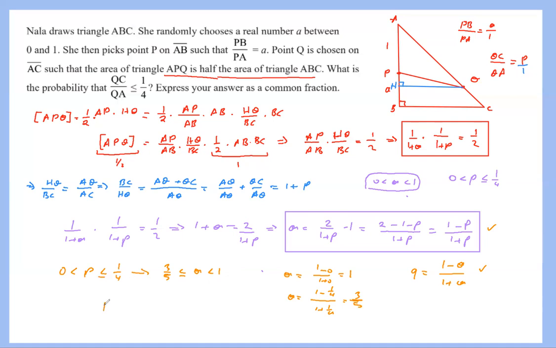And now the last step is the probability. If you want to get the area 1/2, you have to choose a in this interval. So it could be any real number between 3/5 and 1. You just need to see the distance between those two numbers, to see the whole interval as the desired outcome, which is 1 minus 3/5.